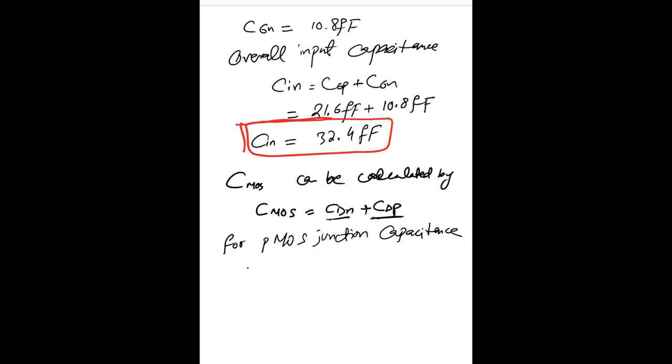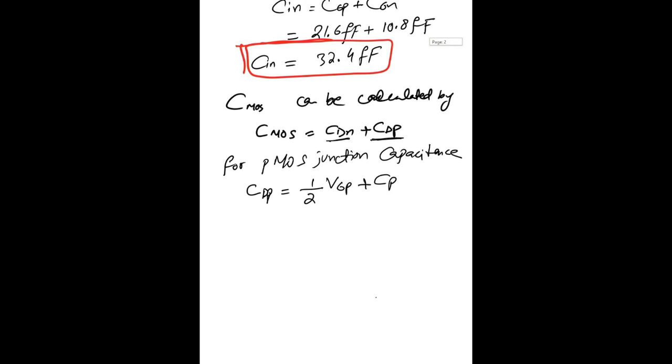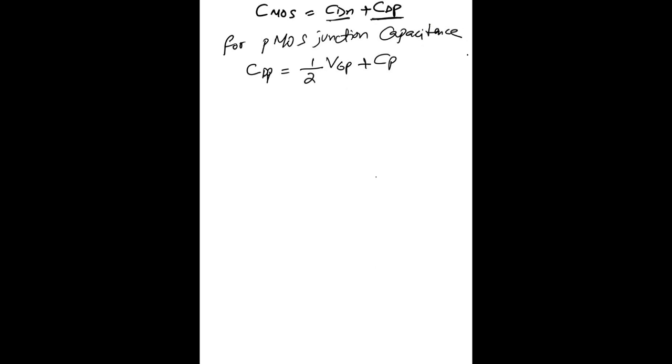We have this formula: CDP is equal to 1/2 CGP plus CP, and we know the value of CGP, but we have to solve for CP.